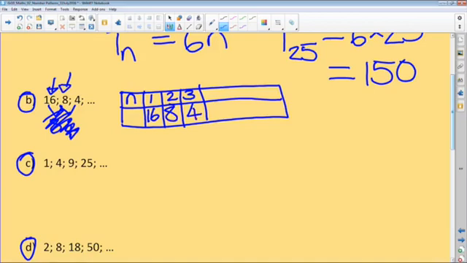Is there a relationship between 16 and 8 that can be replicated to form the same bond between 8 and 4? Well, if we think about it, 16 divided by 2 is equal to 8, and 8 divided by 2 is equal to 4. So what do you think the next term will be?